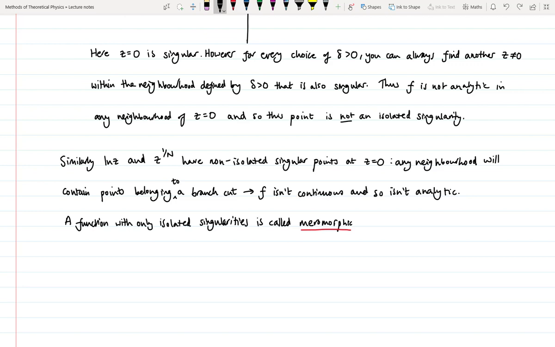Okay, well, what does it mean if a function has an isolated singularity? Well, we can now make use of our discussions in the previous topic looking at Laurent series.